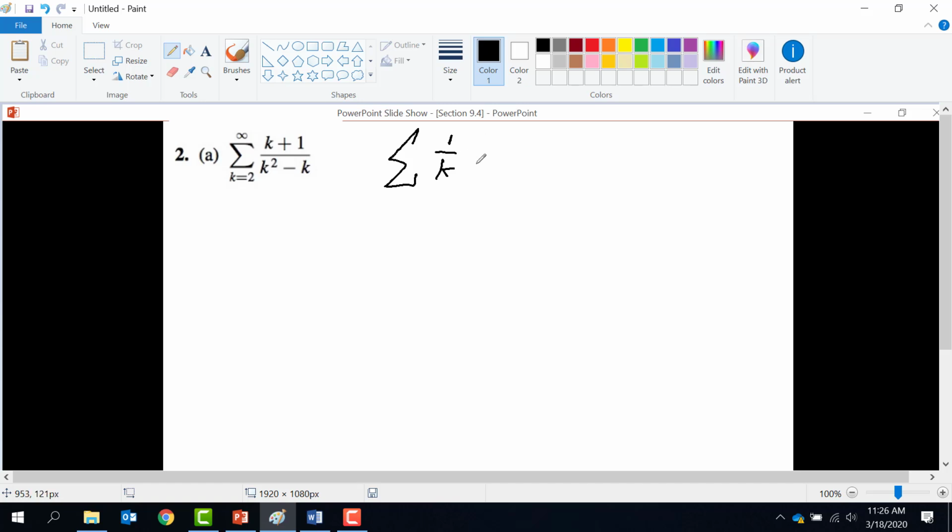So this gets a little challenging. The inequalities aren't obvious, but we'll start here. This series diverges because it's the harmonic series. So we'll start right here with k squared minus k is obviously less, and that way when we flip it, it will be bigger.